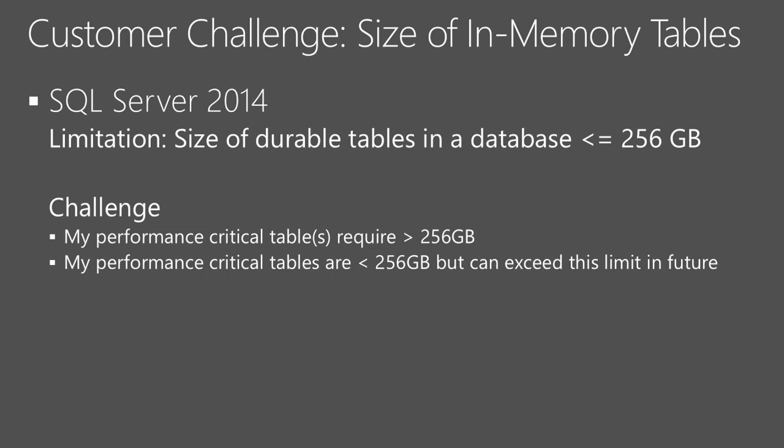Now, some customers could migrate because their current size was under 256 gigabyte, but they were worried because as their business grows, as their data grows, if they hit the limitation of 256, they will be just blocked. So they said, even though it works for me today, I'm getting very good performance, I cannot really migrate to 2014 because who knows, my data grows and then I'll be at a dead spot. So that was a key challenge.